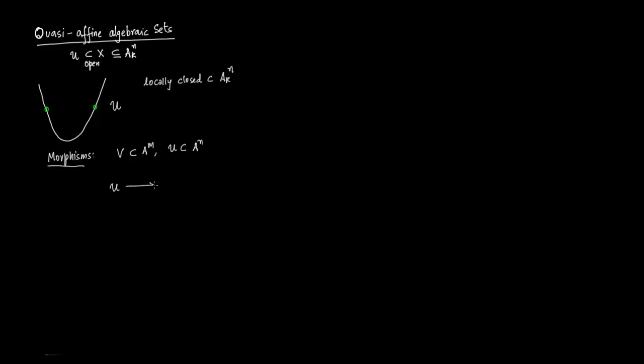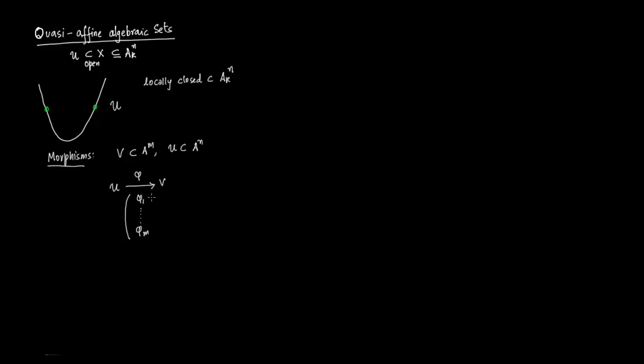So we have a morphism phi, and this consists of a tuple of regular functions, phi 1, phi 2, phi 3, all the way to phi m, because V is in A^m.